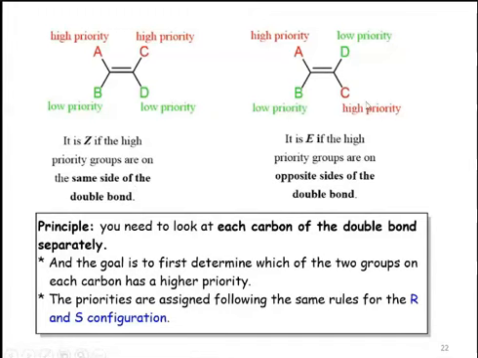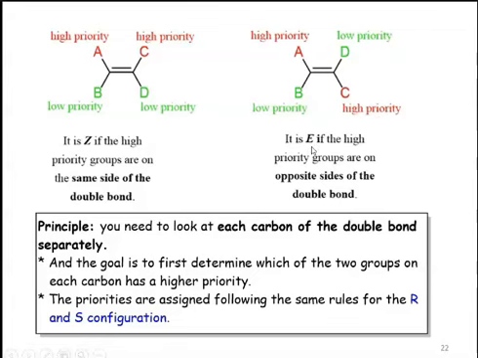Now, if the case is like this: A has higher priority whereas B has lower priority, and among C and D, D has lower priority and C has high priority. Here if we compare these structures, we can find that the low priority groups lie opposite, whereas the high priority groups are also lying opposite to each other.